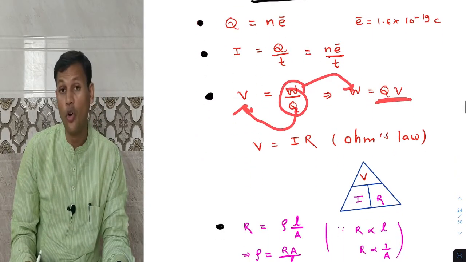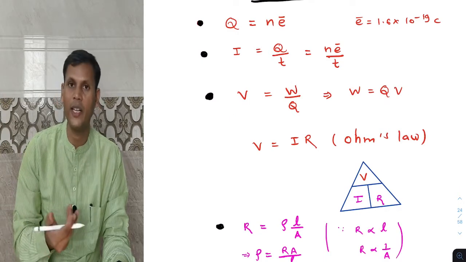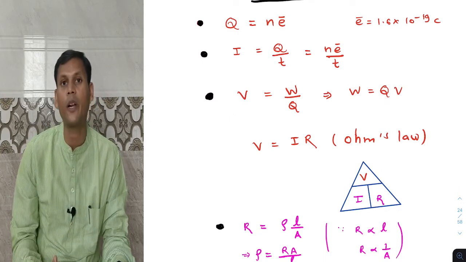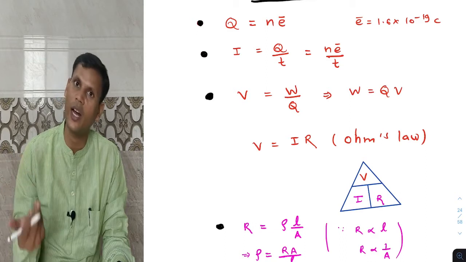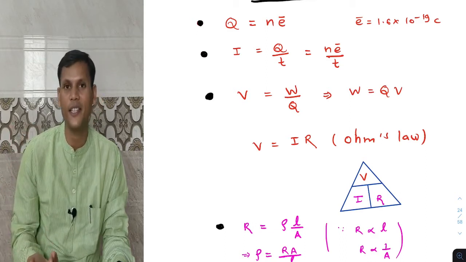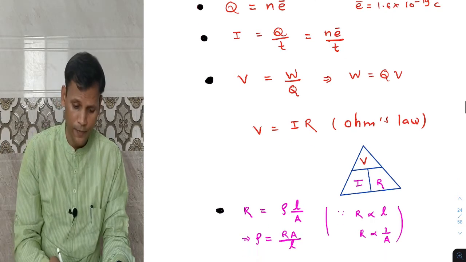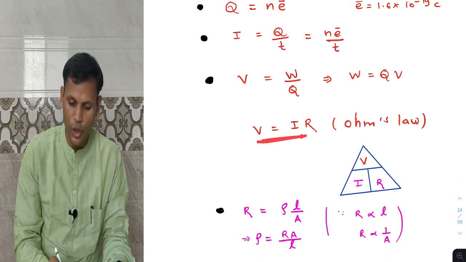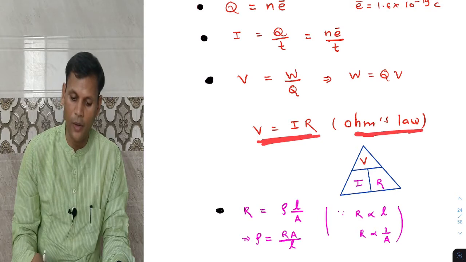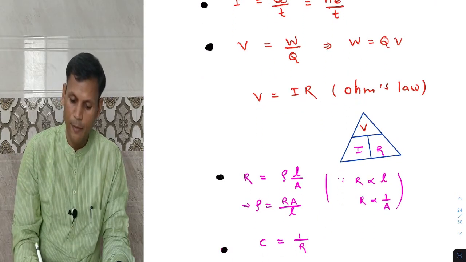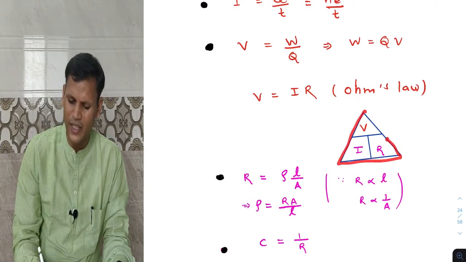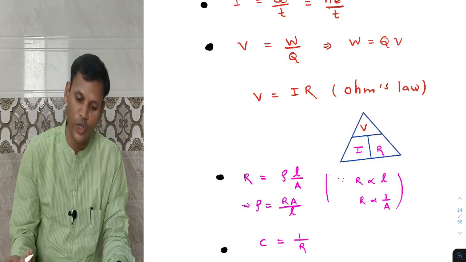Next is Ohm's law, which we have already studied. V is directly proportional to I, so V is equal to IR, and R is called the resistance. R will be V by I. By this triangle we can understand Ohm's law easily.